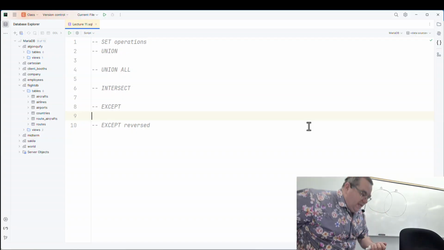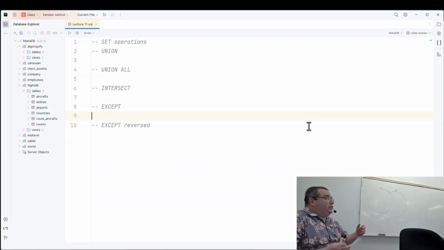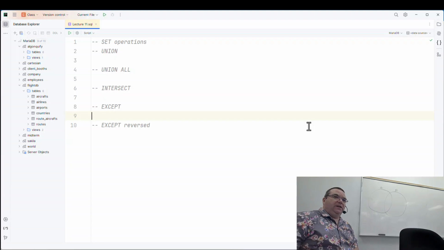Now, you have three set operations: union, intersect, and except. Databases introduce one extra one called union all. And I will explain union all in like one line. It just gives you everything from both sets. So the first one that's been supported in pretty much everything since day one is union.